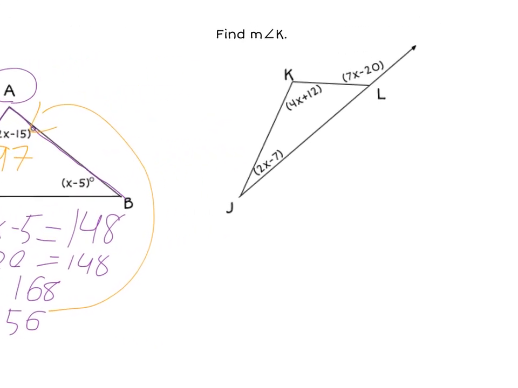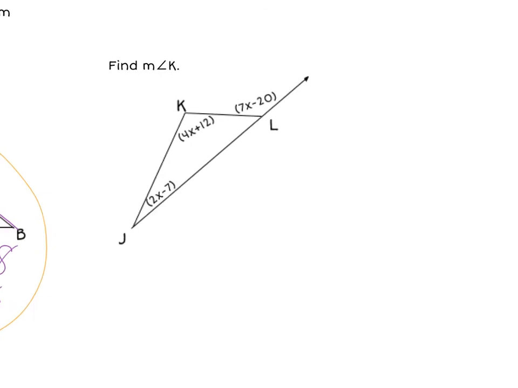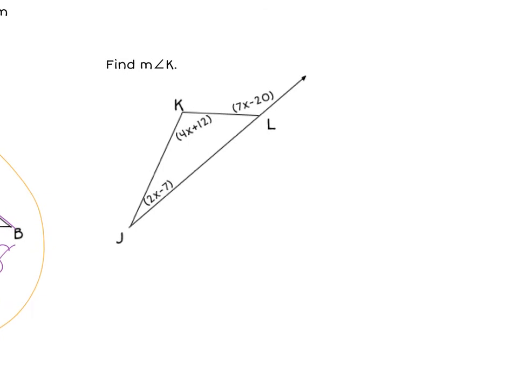Next up, we want to find the measurement of angle K. Well, measurement angle K is right there. We're going to find our x. So we're going to use our exterior angle rule to set up the problem as 4x plus 12 plus 2x minus 7 is equal to 7x minus 20.